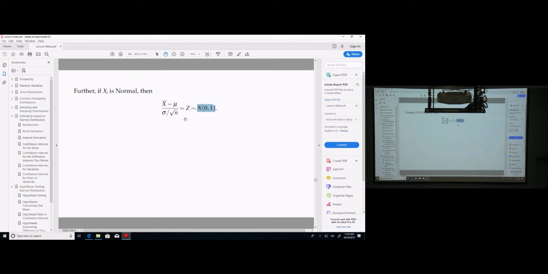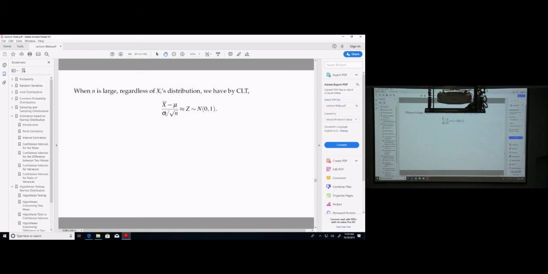Suppose I want to say something about mu, this is the quantity that involves mu, but I don't want sigma to come in my way. If sigma is unknown, everything will be in terms of the unknown sigma, and so we can't do that.